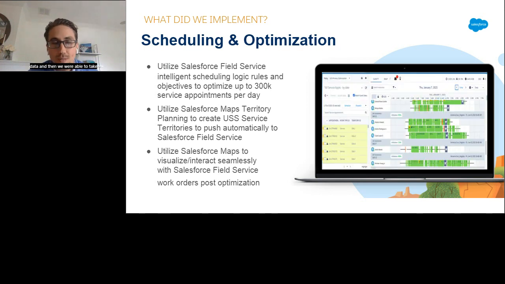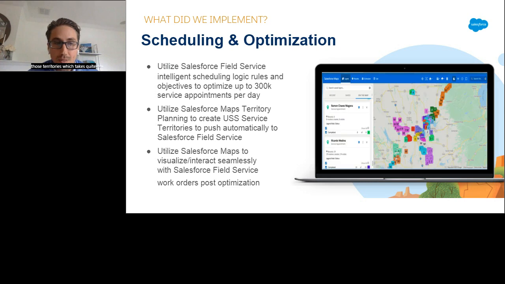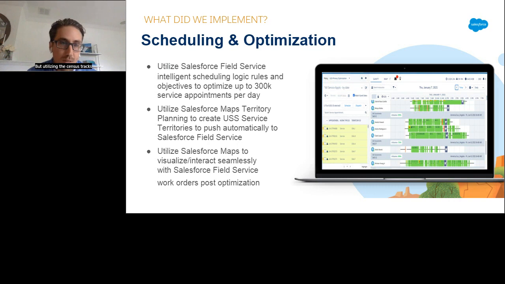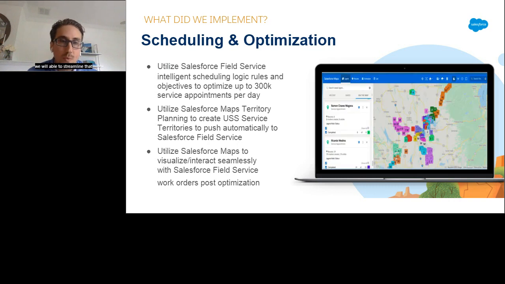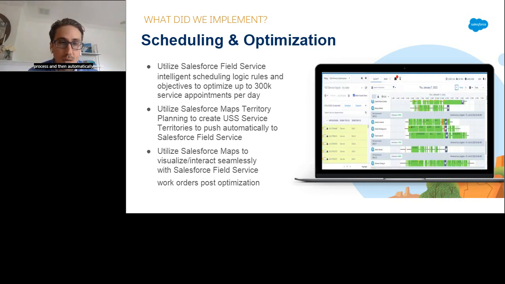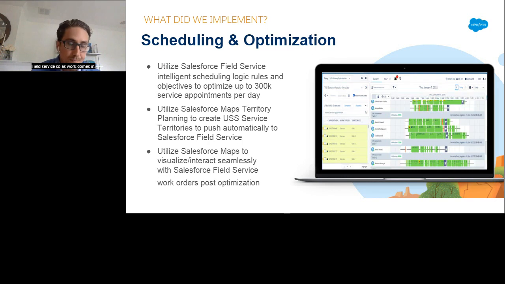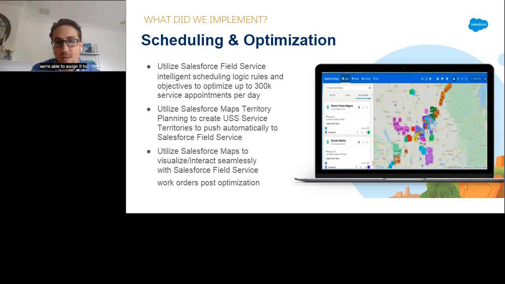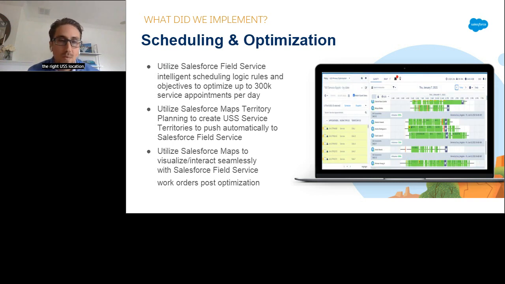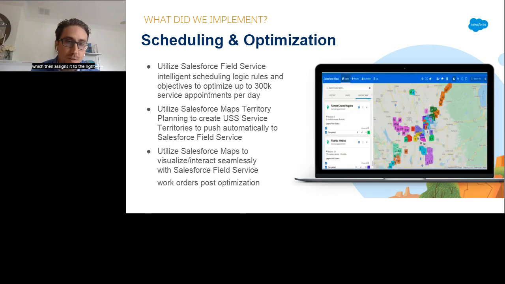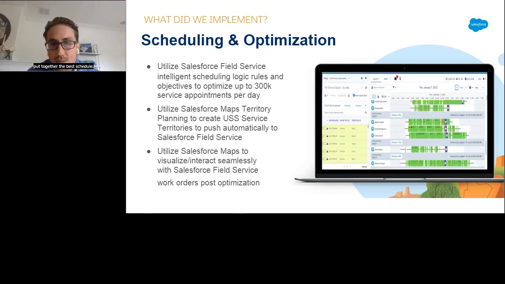And then we were able to take those territories, which takes quite some time to artfully put together, but utilizing the census tracts, we were able to streamline that process and then automatically push that into Salesforce Field Service. So as work comes in, based on the latitude, longitude of that work, we're able to assign it to the right USS location, which then assigns it to the right technician, and then is sent to Field Service Optimization to put together the best schedule.